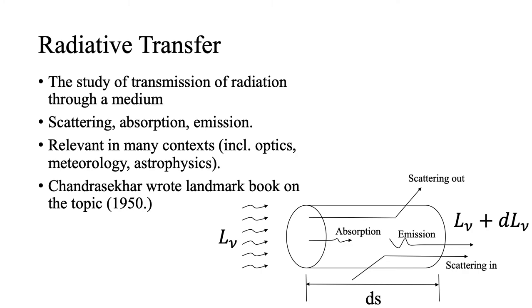and now we can finally look at today's topic, radiative transfer. The main problem of radiative transfer is that you have some kind of a medium, be it atmosphere, your bones, or whatever. And you're considering a particular width ds.